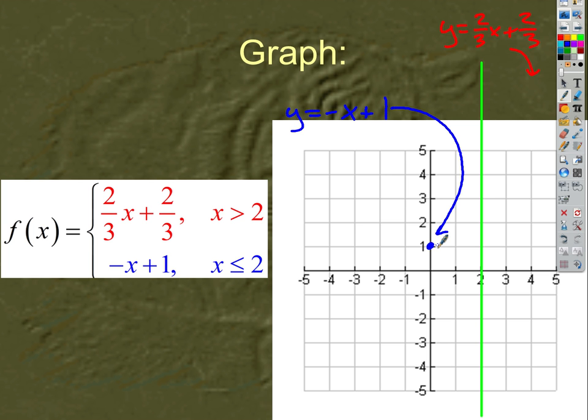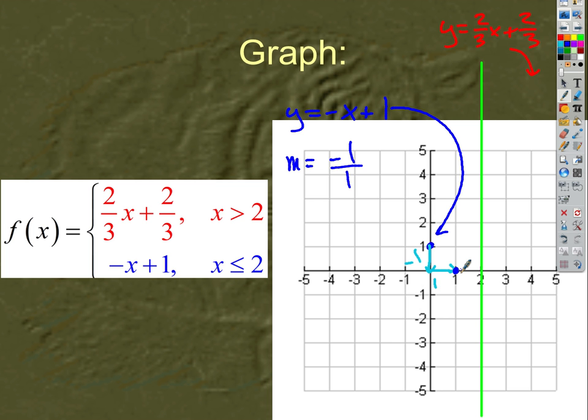What's the slope of the first line? Negative 1. Now, we can always use slope to get a second point. If the slope of this line is equal to negative 1, anytime I get an integer slope, don't I just have a 1 on the bottom? So that's just telling me that I'm going to rise by negative 1 and run by positive 1 to get my second point right there.